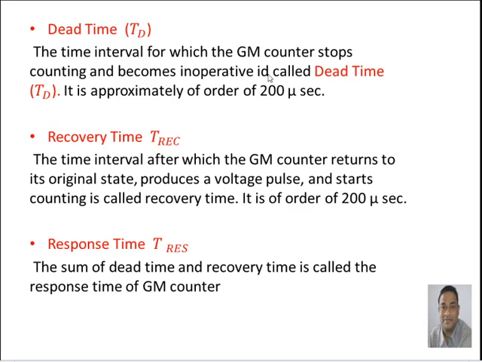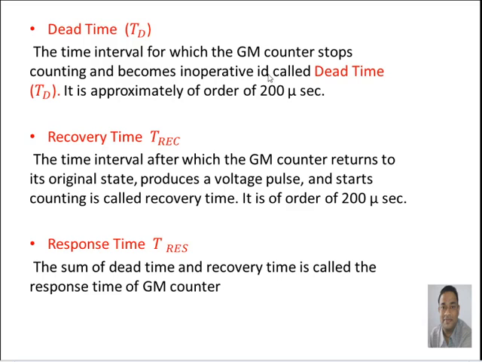These positive ions move slowly. So after some time, a large number of positive ions get accumulated in the region around the anode. So what happens due to this accumulation of positive ions around the anode?